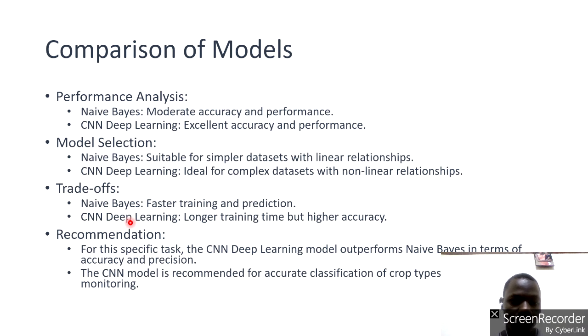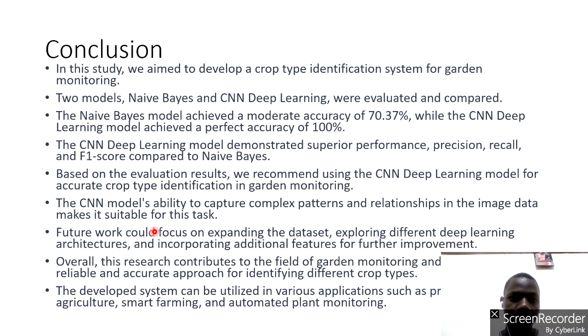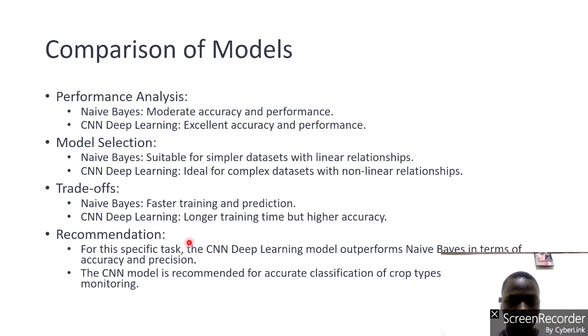My recommendation or conclusion is that the CNN deep learning model performed quite a bit better, especially because the dataset was small. But I believe as the dataset grows, the naive Bayes model can also pick up. There was a limitation of the features. On each image, I could only extract 200,000 features.